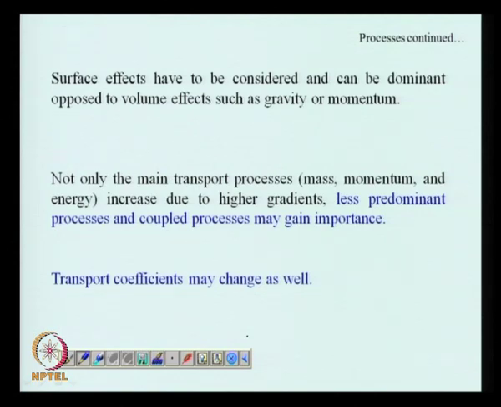Additionally, the transport coefficients that we know of, the value of diffusivity or thermal conductivity, may change when the system size is reduced. So, these are the effects which one needs to consider. In the next slide, we are going to see the effect of these coupled processes, the processes which could be neglected in a macroscale process and how they become more prominent at microscale.